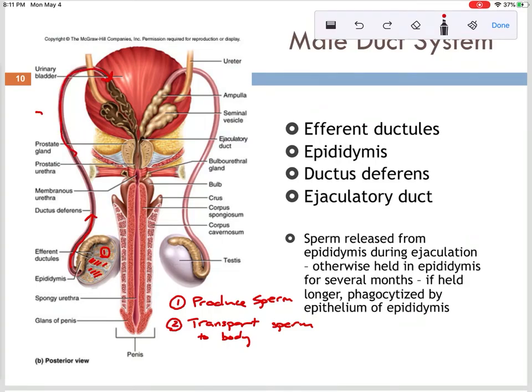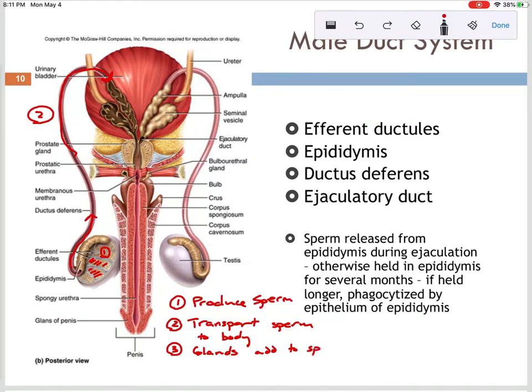So if our first function is to produce sperm, the next function is that we have to transport that sperm up into the body. And that would be step number 2. And what are the structures that transport the sperm up into the body? The tubes, the duct system, which we're going to talk about.